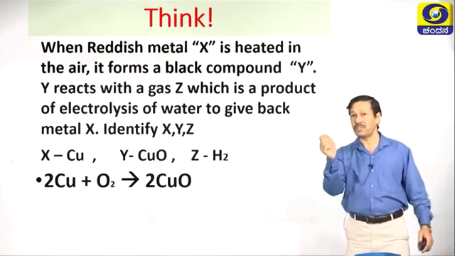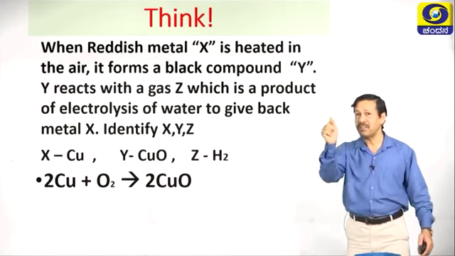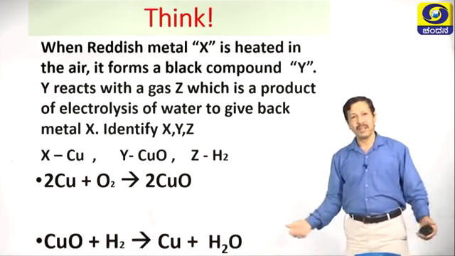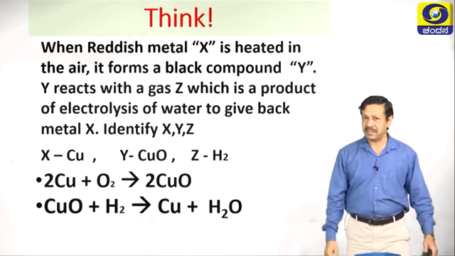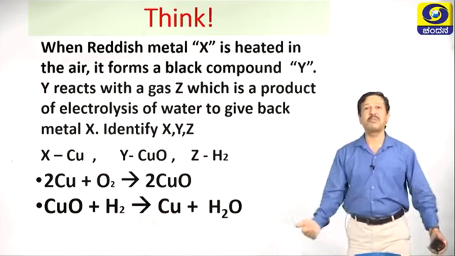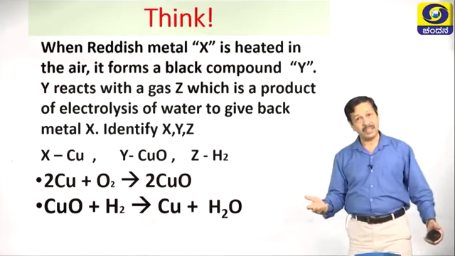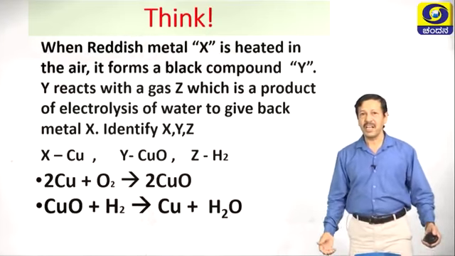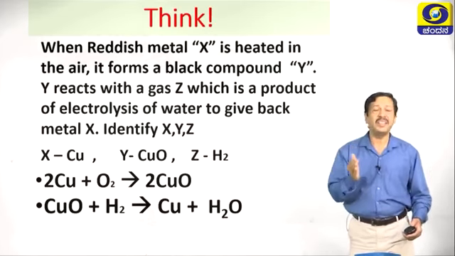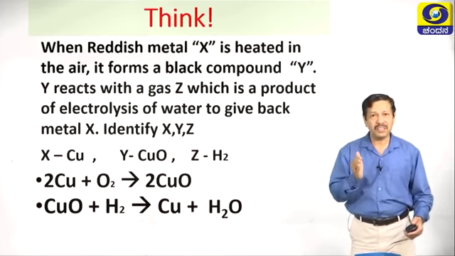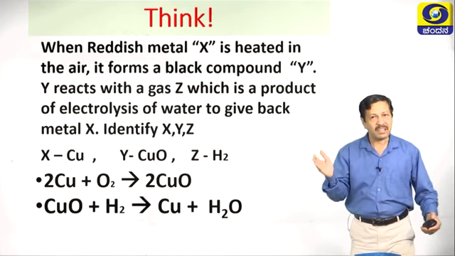Here is the addition of oxygen, one more type of reaction, that is oxidation. Now, copper oxide is converted back to copper by adding hydrogen, that is reduction. Thus, you will easily identify the reaction X, Y, Z, etc.